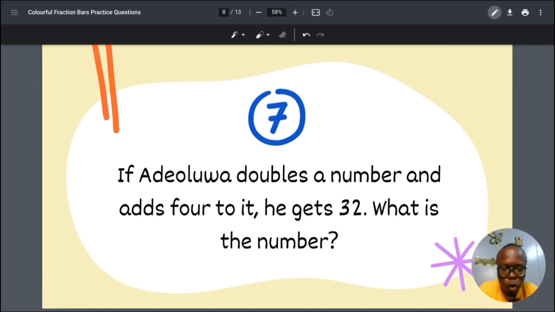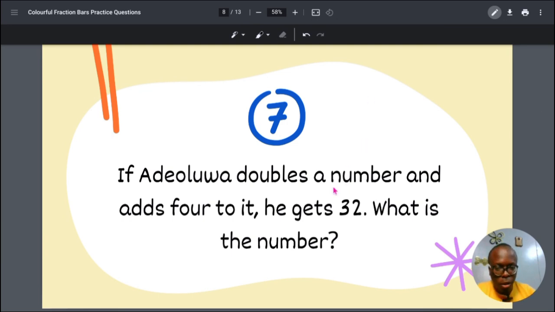If Adeolua doubles a number, adds 4 to it, he gets 32. What is the number? So this grammar sentence, I would have to change it to a mathematical expression.